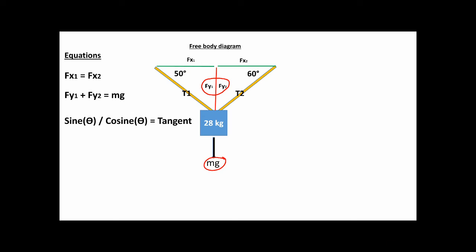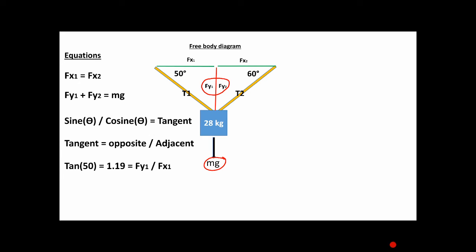Okay, there's many ways of solving this mathematically, but I'm going to use the trigonometric relationship that sine over cosine is equal to tangent. And obviously tangent is equal to opposite over adjacent. So let's do the first.